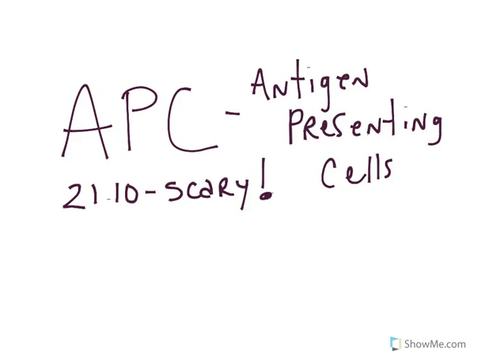Basically, it gives it to them and says, hey, here, learn this. I need you to take this piece and learn it so that in the future, if we are exposed to it, you can produce immunity to it. So it's a very key link between the innate and the adaptive immune system.